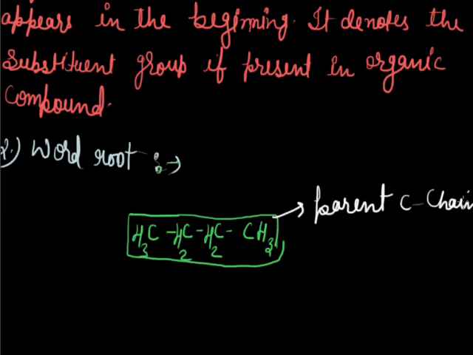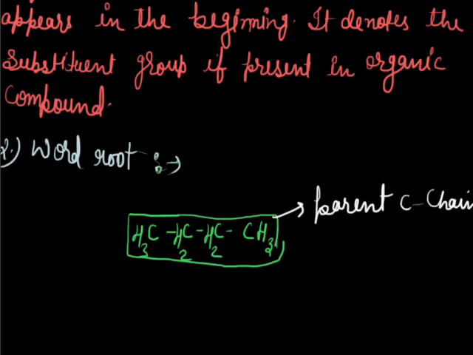So we can say that it is a basic unit, a series of word root which indicates the number of carbon atoms present in parent chain. So here we can see that in parent carbon chain 4 carbon atoms are present, so it is known as word root.